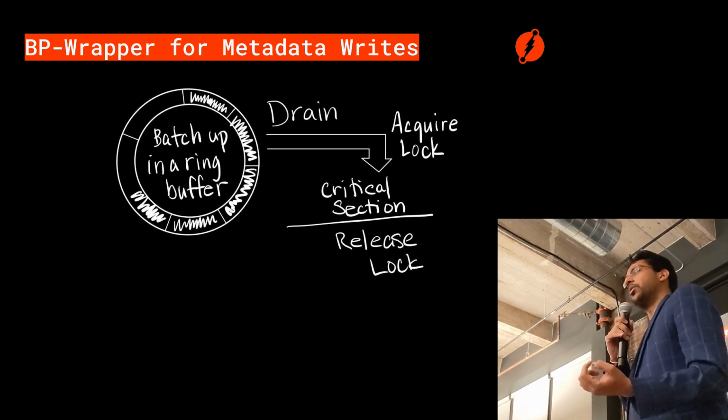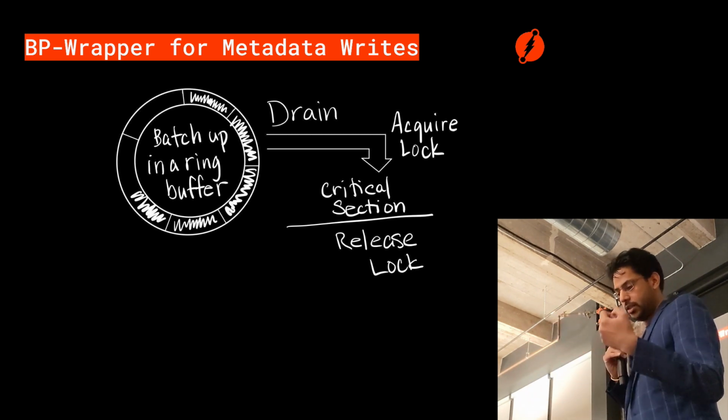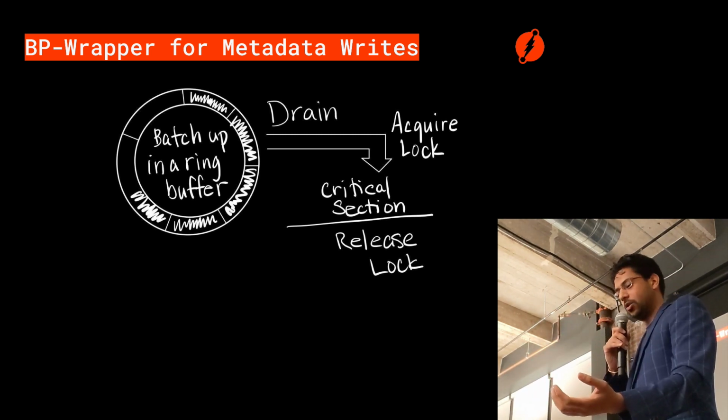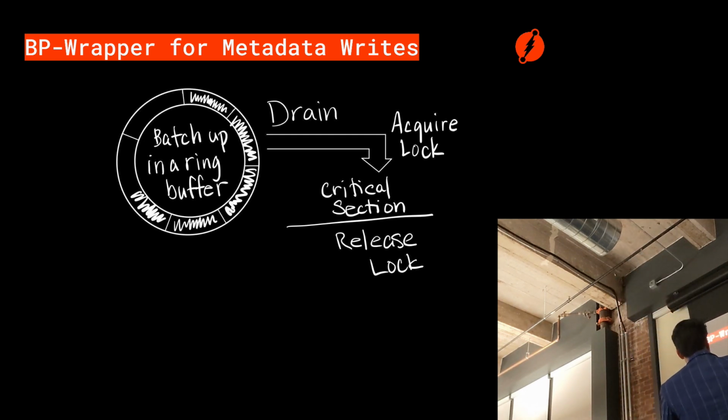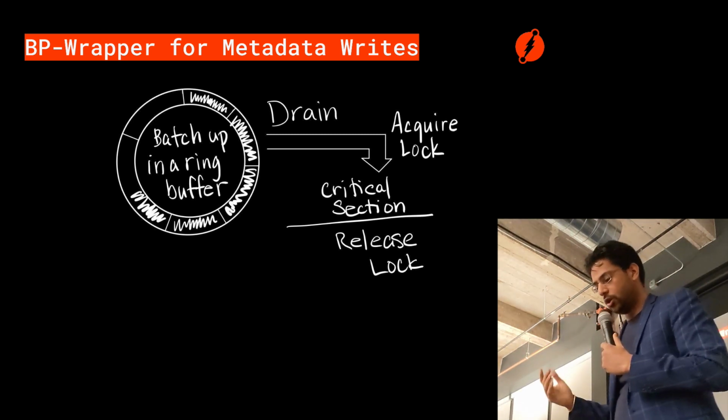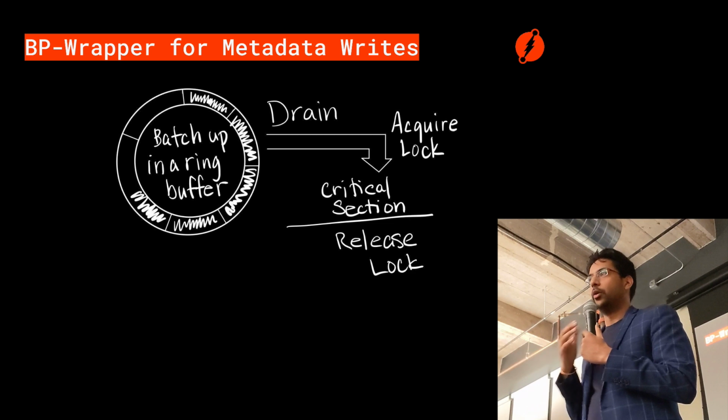And this reduces the number of times you must acquire this global mutex lock around the critical section, right? So: ring buffer, drain, acquire a lock, critical section, release the lock. And by doing this, you amortize the cost of lock acquisition.